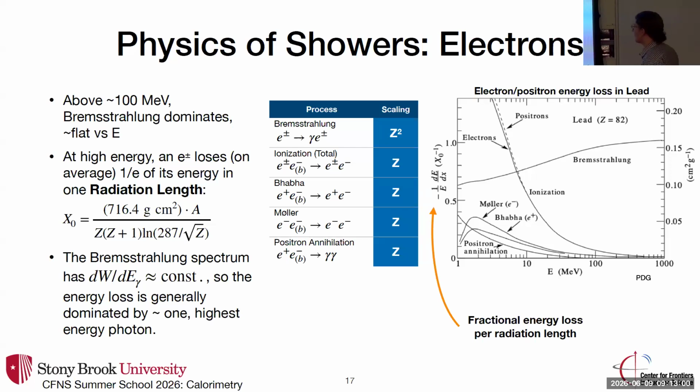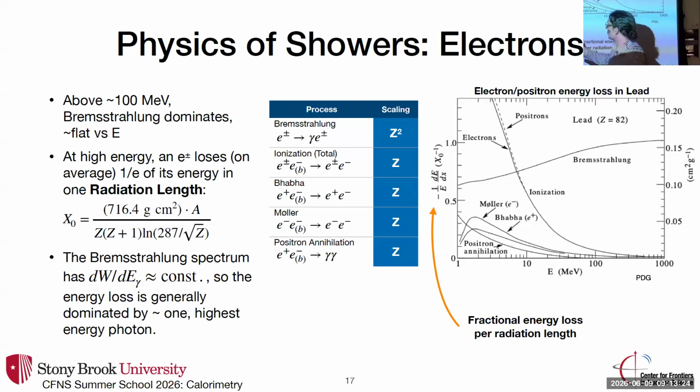But the same arguments that I made before are going to hold here. Above around 100 MeV, one process dominates. That's bremsstrahlung, where an electron, in the presence of an external field, emits an energetic photon. But that's a little bit of an oversimplification.